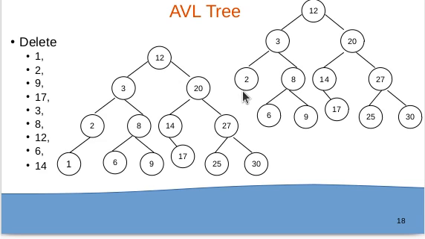So here the balancing factor is 0. Now the balancing factor of this is 1 minus 2, that is minus 1, which is okay. 12's balancing factor is 2 minus 3, that is minus 1, which is also okay. So it is balanced.